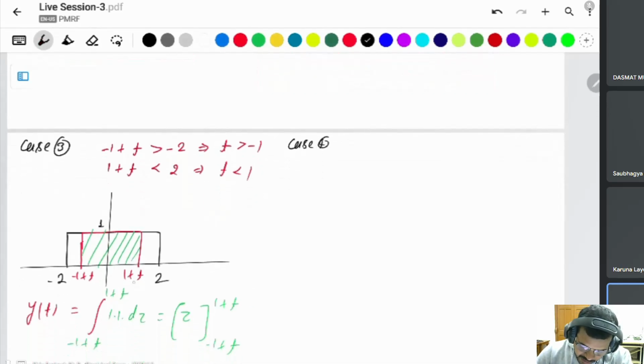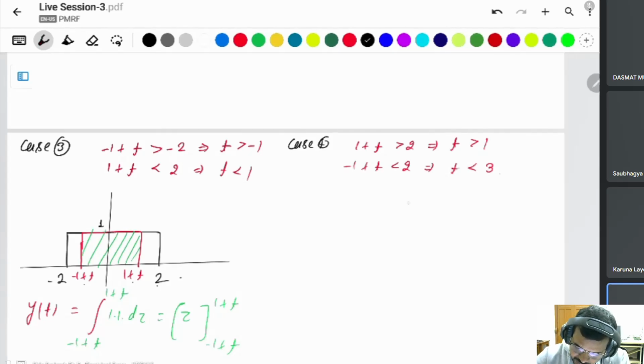In case 4, it means 1 plus t will be greater than 2 but minus 1 plus t will be less than 2. So t is greater than 1 but less than 3.